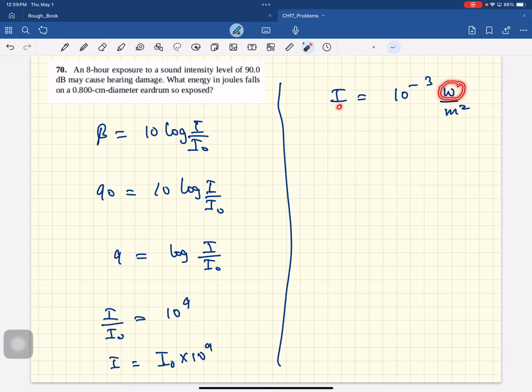What is W? Watts, joules per second, okay?